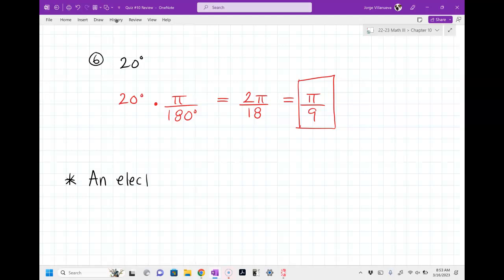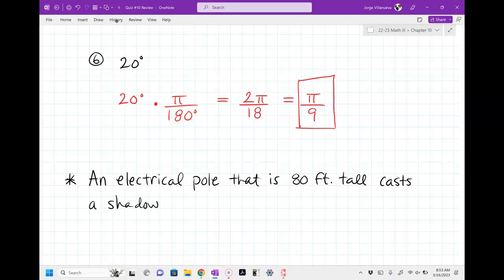An electrical pole. So electrical pole can be like those big brown poles that have all the cabling on them, right? So an electrical pole that is 80 feet tall casts a shadow that is 120 feet long.